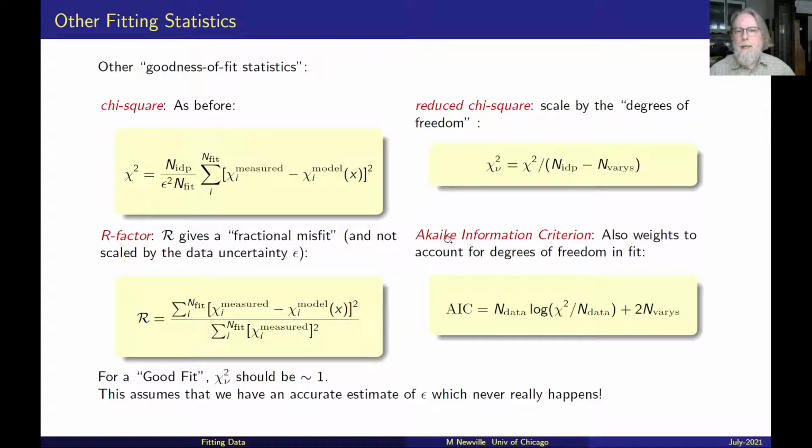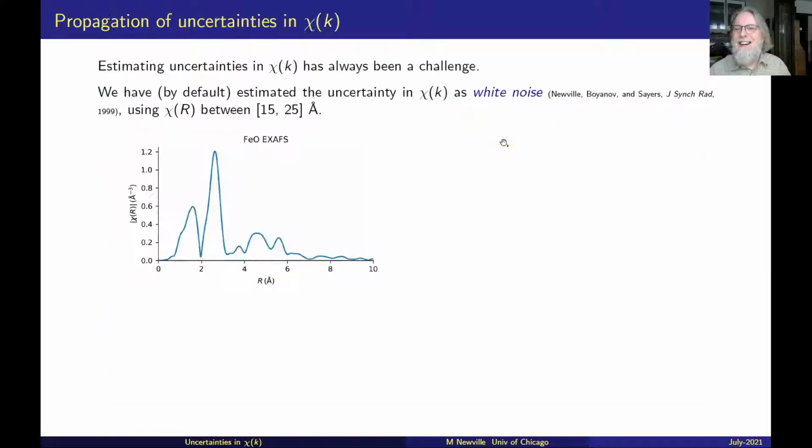And so you might be at the level where it's hard to tell one fit is clearly better than the other. Again, for a good fit, reduced chi-square is really useful because it should be, in principle, 1, according to general statistics. That assumes that we have an accurate measurement of epsilon, which never really happens, but it's often still within only a factor of 10 or so.